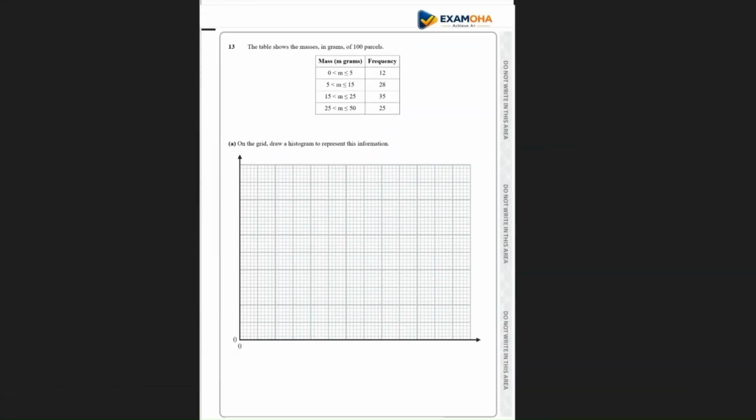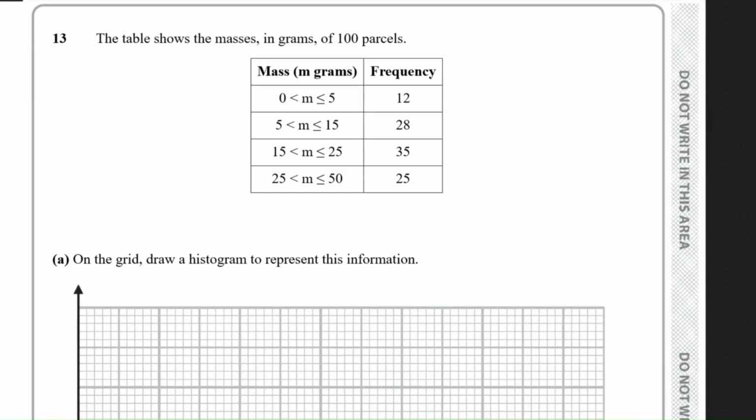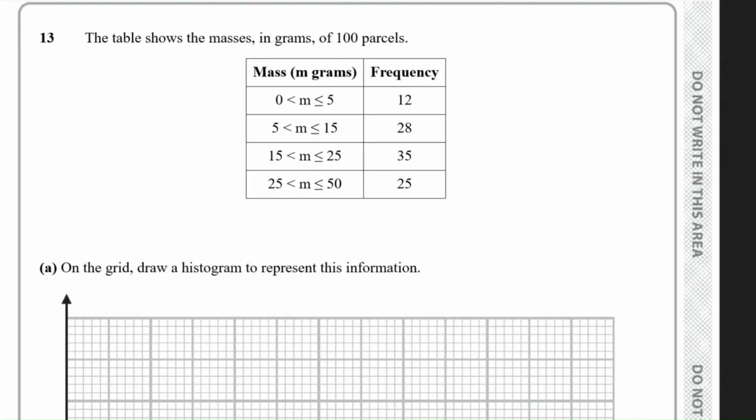Here, this question tests your skills and knowledge about frequency density. Here it says the table shows the masses in grams of 100 parcels and gives you the range of masses.